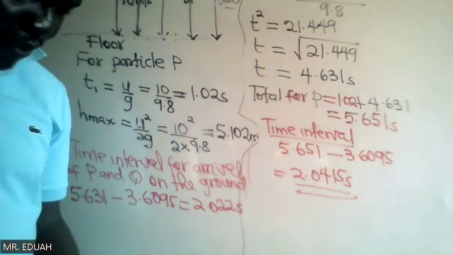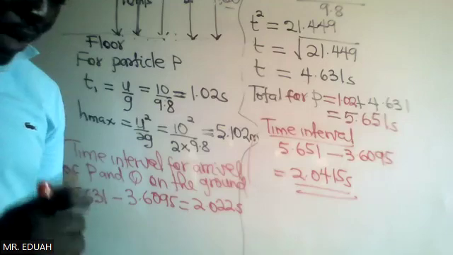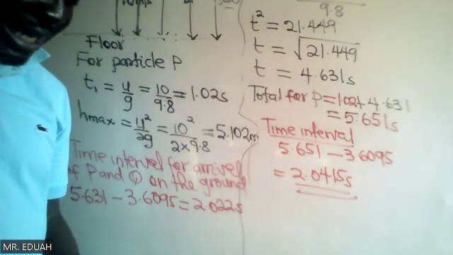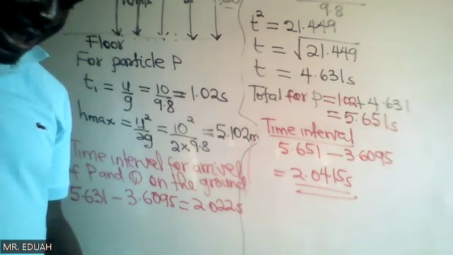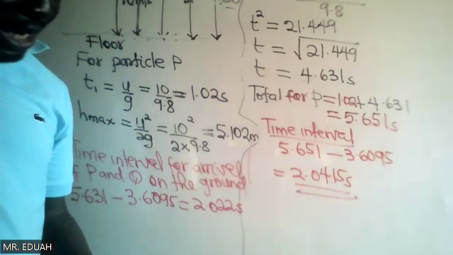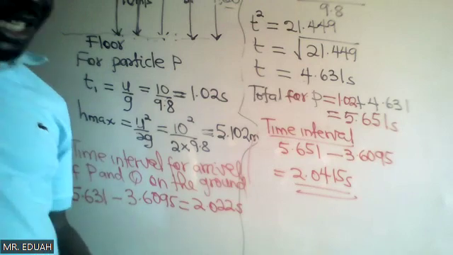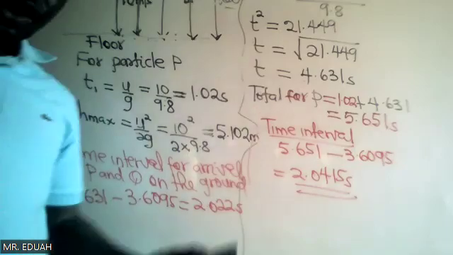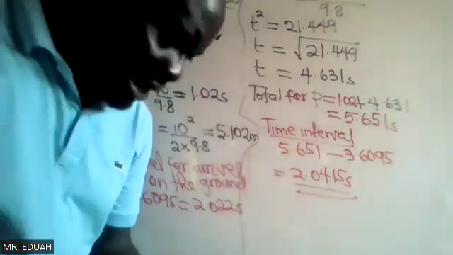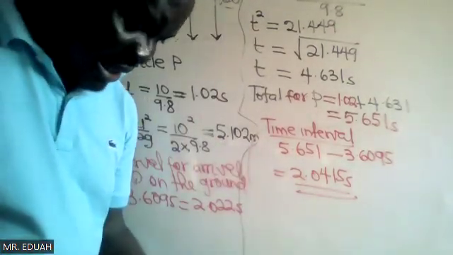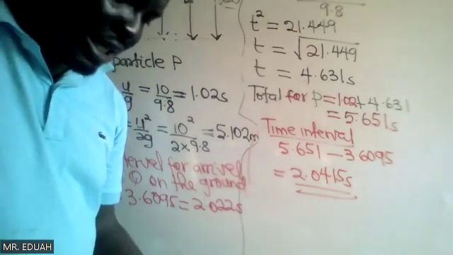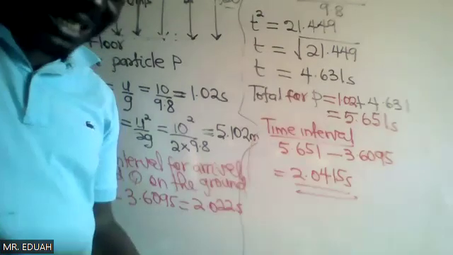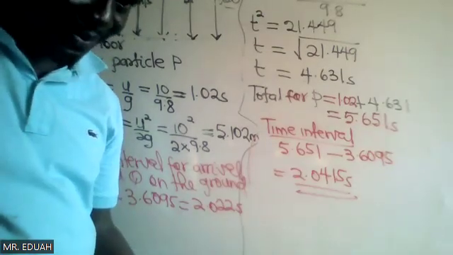Find A, where the two particles meet, if at the point of meeting, particle P has a velocity of 15 meters per second.